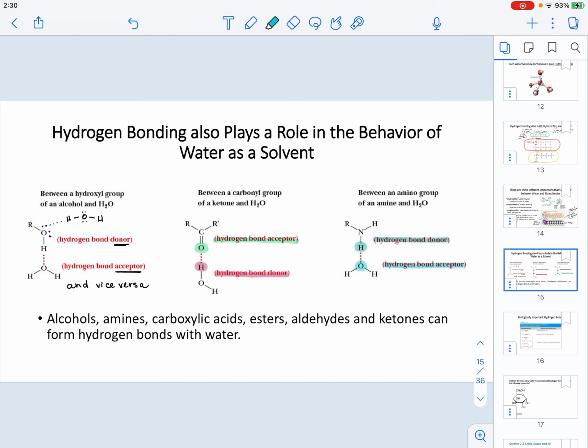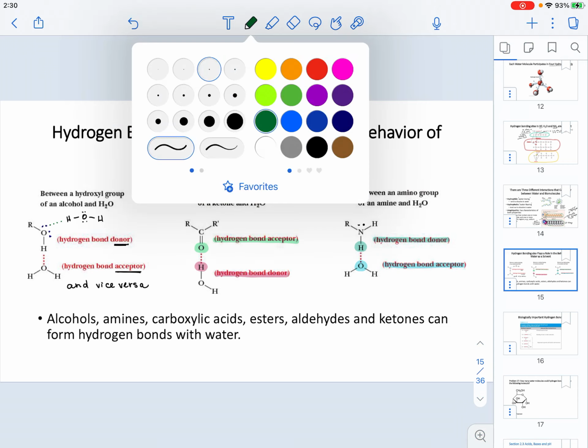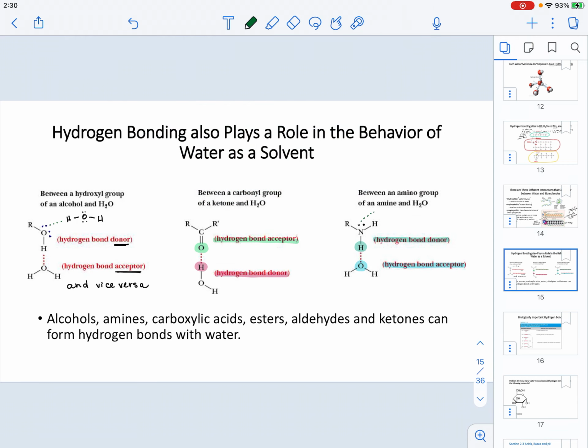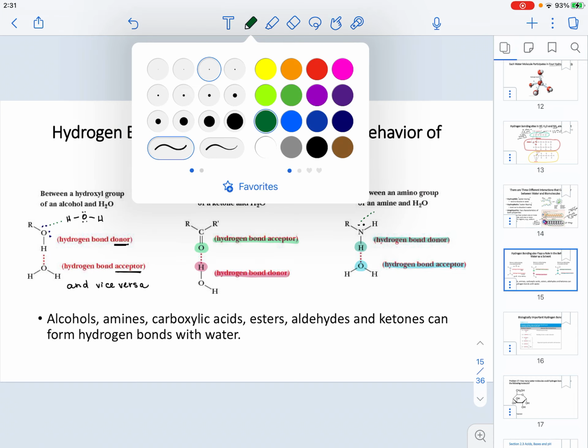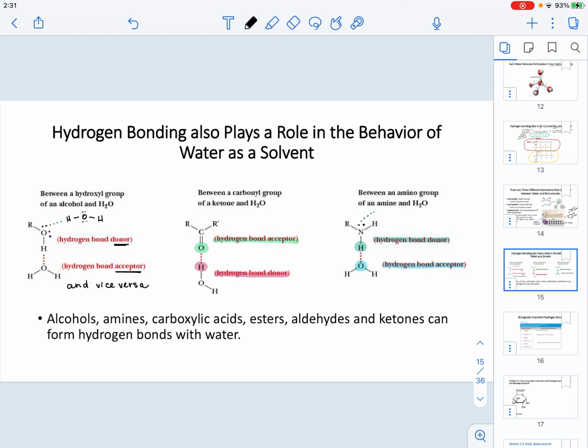Well, in this case, understand, because nitrogen is electronegative, the nitrogen atom can also be interacting with one of the hydrogens in the water. So understand that the amine, which is what is represented there, can also act as an acceptor.